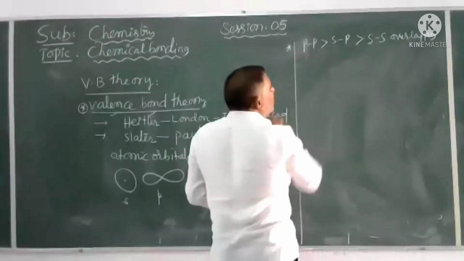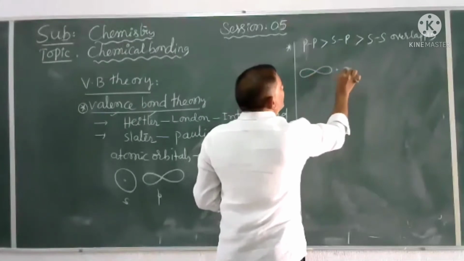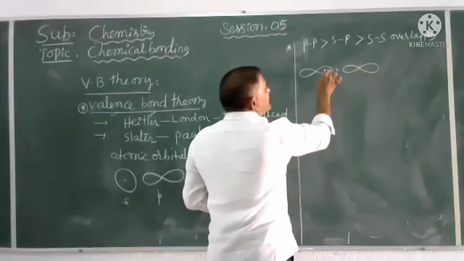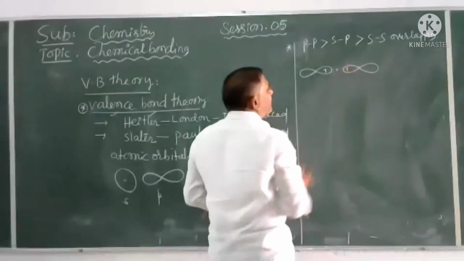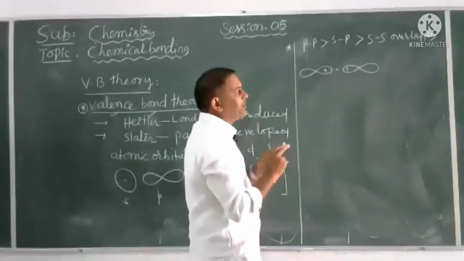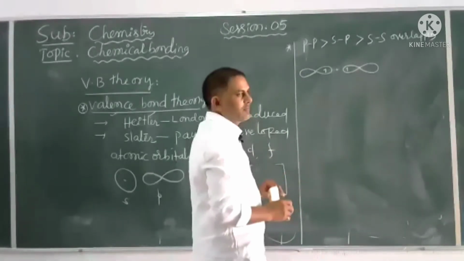Here PP overlapping means p orbital of one atom overlaps with the p orbital of another atom. These orbitals must contain half-filled valence electrons that are in the same direction before the overlapping. After overlapping, they are in opposite direction.